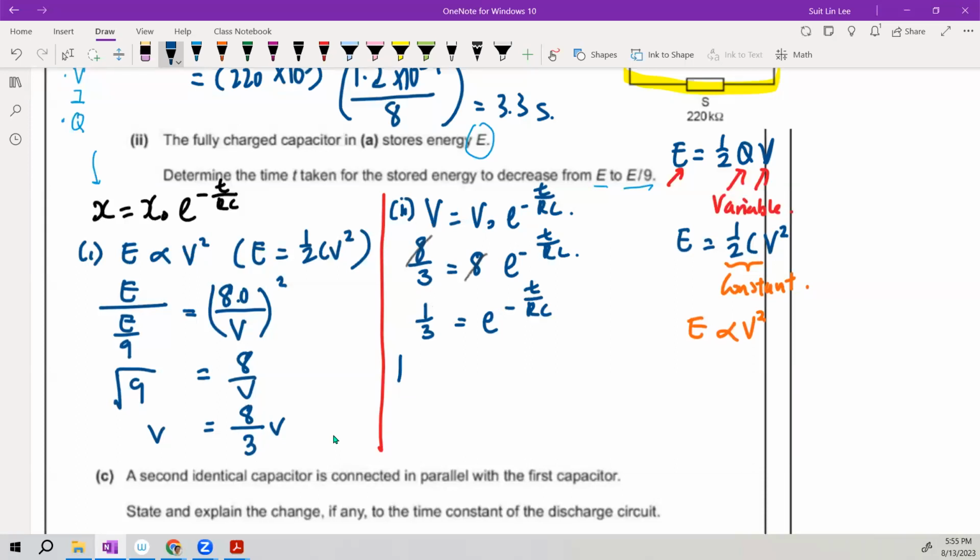Bring the e over, ln 1/3 is negative t over RC, and RC is 3.3. So press the calculator. t will be equal to negative 3.3 ln 1/3. The negative should go away because ln 1/3 is negative.